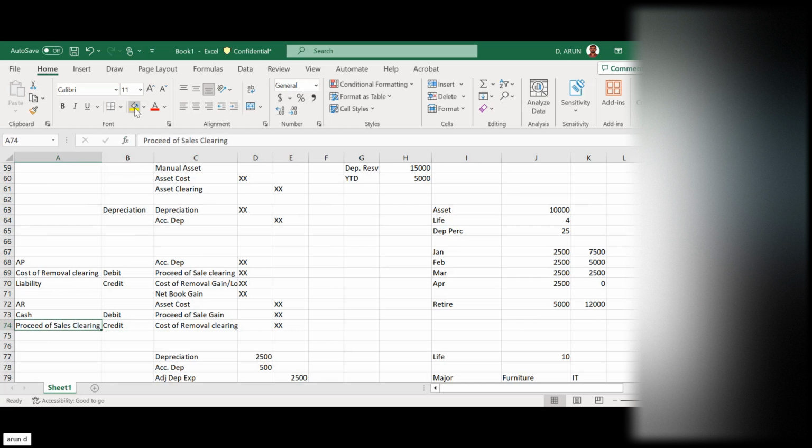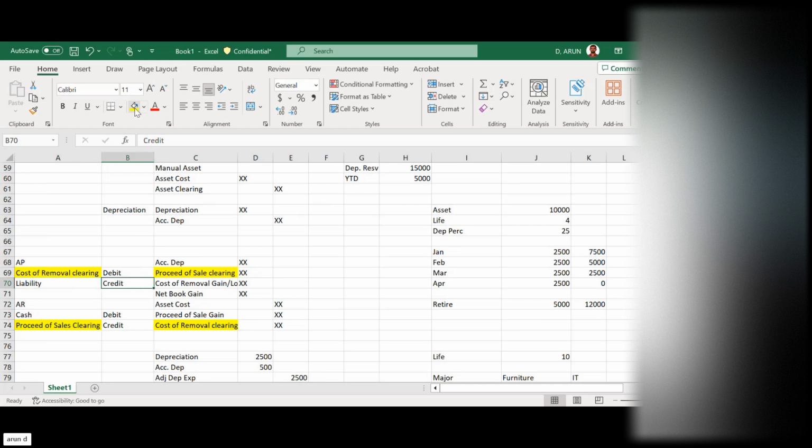Now if you knock off this, this is on the credit side, and similarly this is on the debit side, so this got knocked off. Similarly, this is on the debit side, and here this is on the credit side, so this will get knocked off.